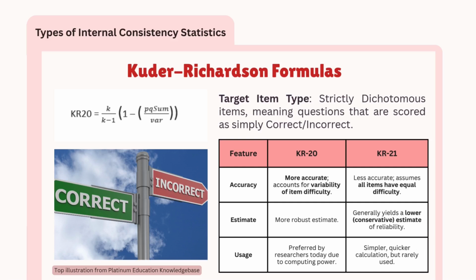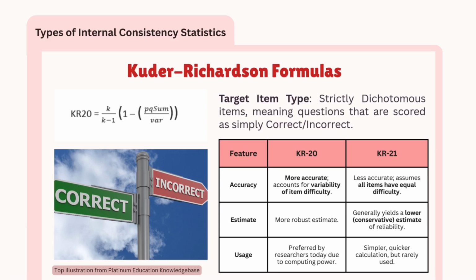Meanwhile, KR-21 is a quicker, simpler calculation that assumes all test items have equal difficulty. Because this assumption is rarely perfectly met in real-world tests, KR-21 generally yields a lower, more conservative estimate of reliability than KR-20. And due to modern computing power, researchers today almost always prefer KR-20.